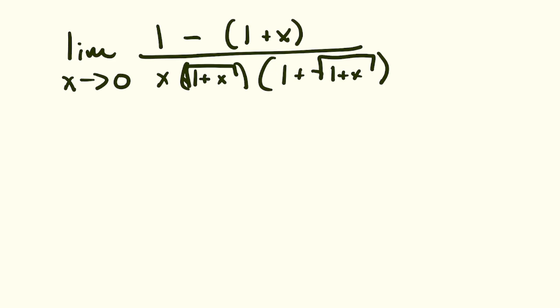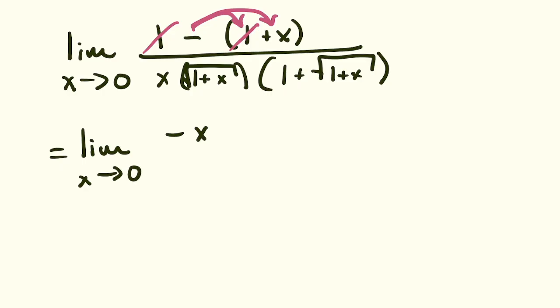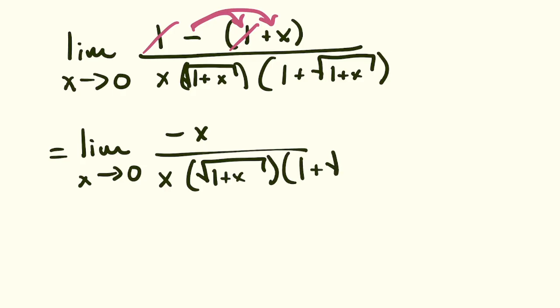is this. Now notice when we distribute that negative sign throughout, we get a 1 minus 1. So our 1's are actually going to cancel, and we end up with the limit as x goes to 0 of negative x over x square root 1 plus x, 1 plus square root 1 plus x.